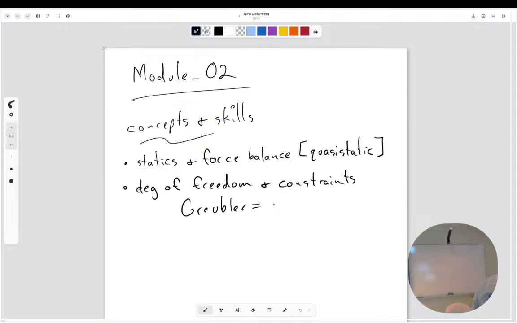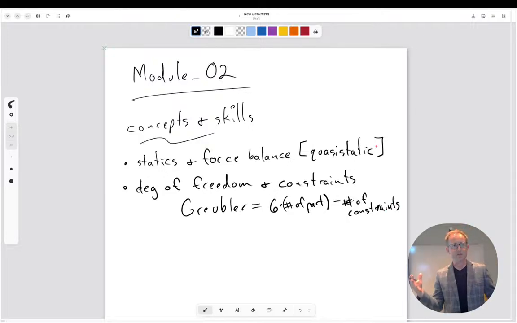So it would be 6 times number of parts minus number of constraints. So at least in 3 dimensions. If you're only talking 2-dimensional, then it's 3 times.